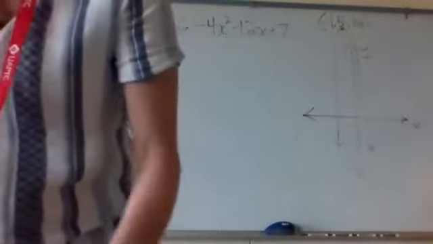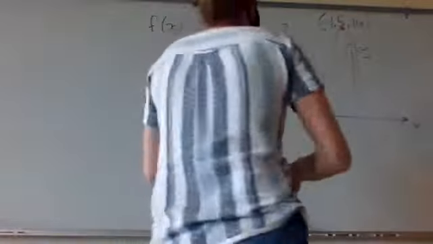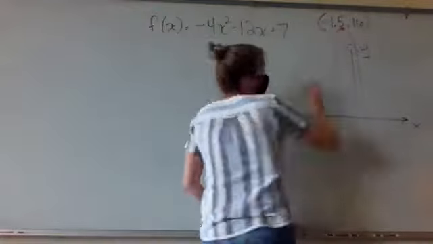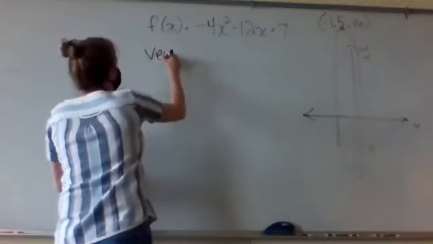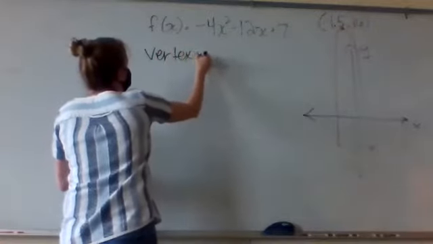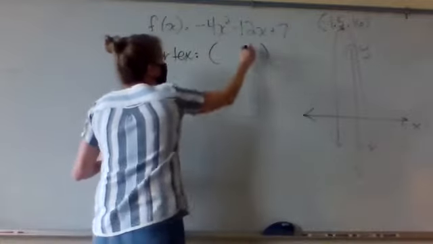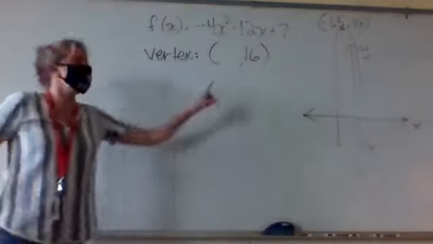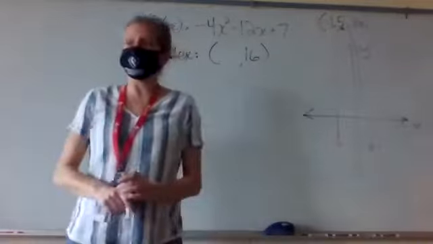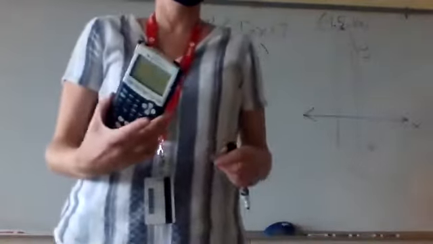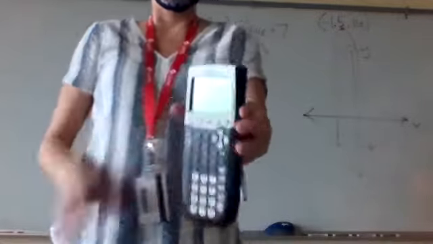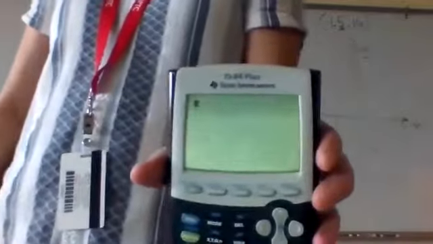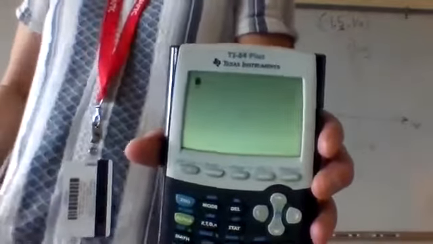What is MathLab not going to like about this vertex? The decimal. Right? That's exactly right. So when I'm talking about the vertex and I enter it in, the 16 is good because it's a whole number. But if one of your numbers is a decimal, you need to change it to a fraction. And you remember how to do that in your calculator. You'll just type in negative 1.5 on your home screen, just the blank home screen.